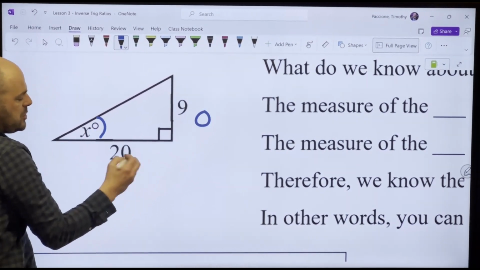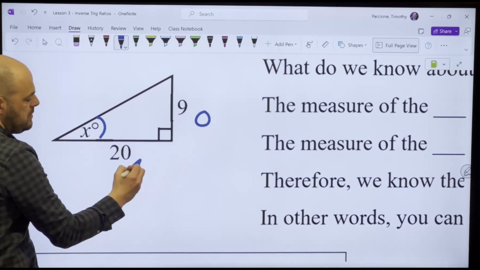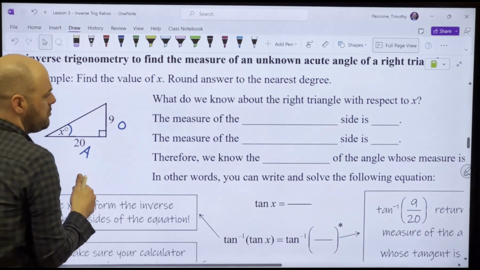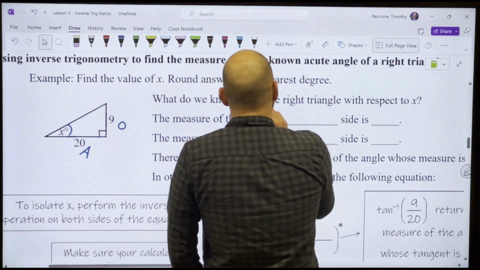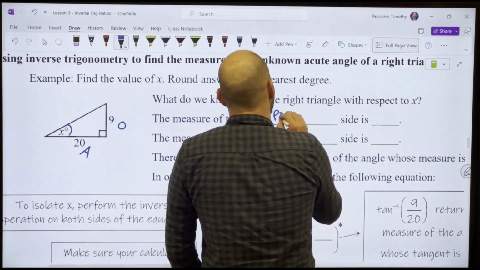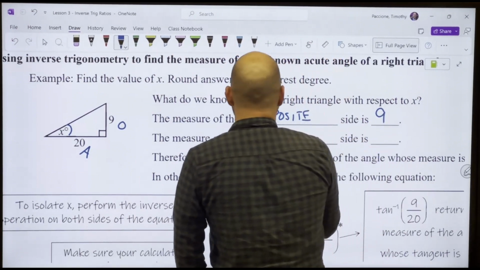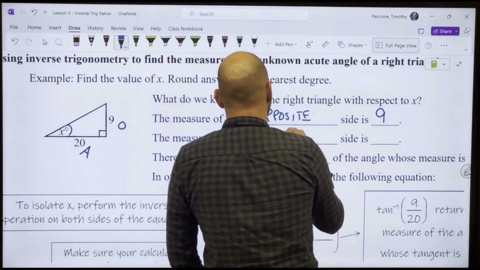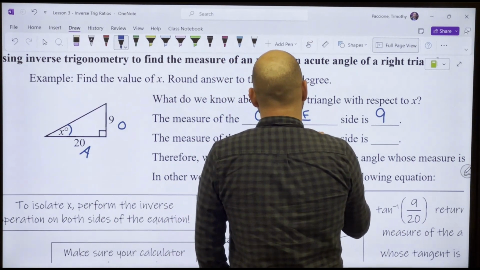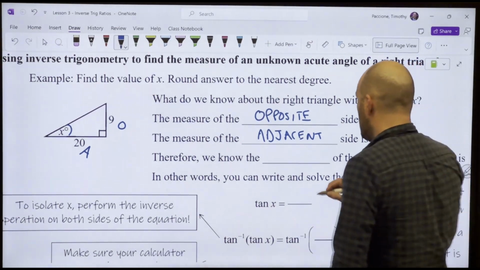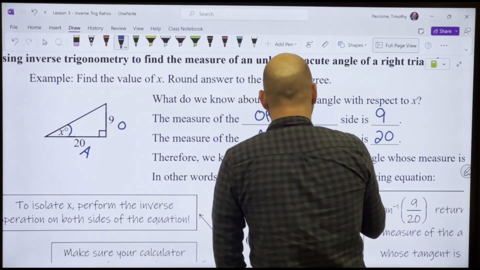Opposite. What's the 20 to that angle? Adjacent. Okay? So we're going to be dealing with TOA, tangent, right? So we know the measure of the opposite side is 9. We know the measure of the adjacent side is 20. So therefore, we know the tangent of the angle.